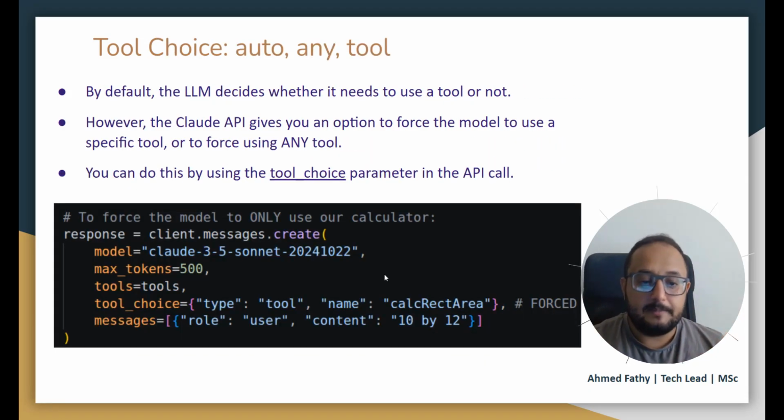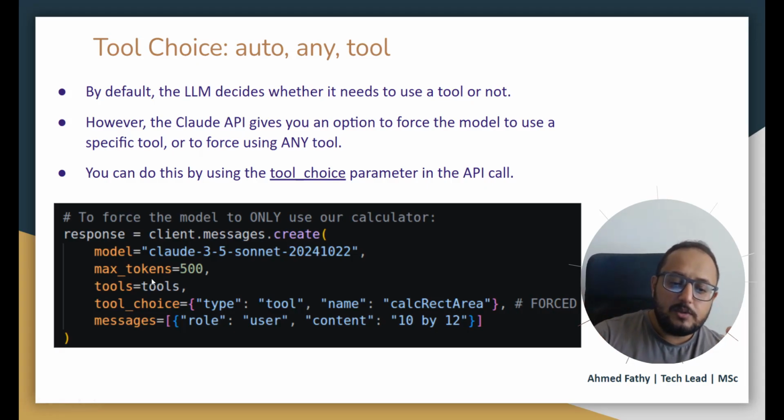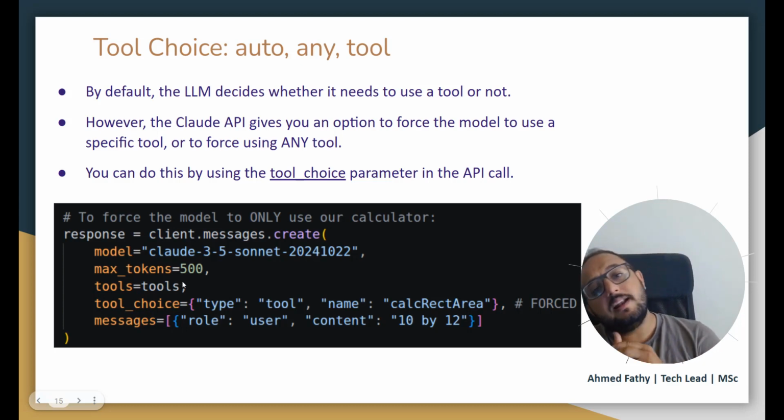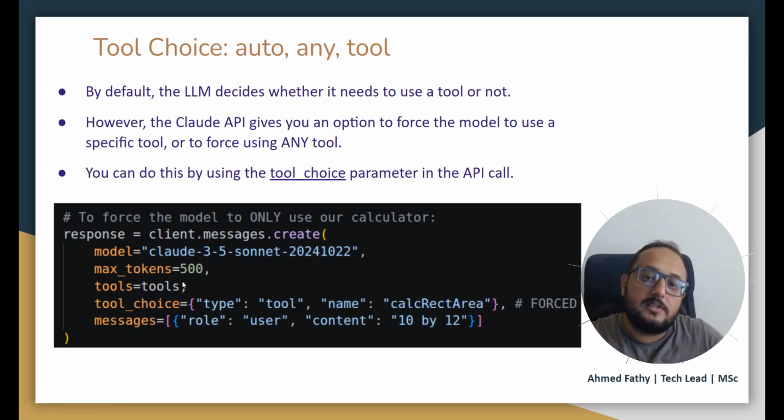Okay. Now, in addition to the tools parameter, you also have a tool underscore choice parameter. And this one is very, very important, because if you just pass in tools, you are telling the LLM you can use those tools, but you can also not use them. It depends on your own reasoning.